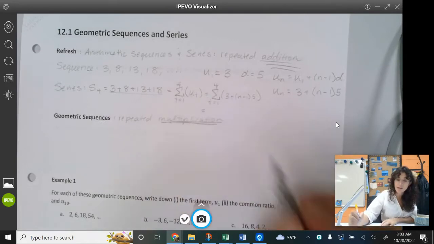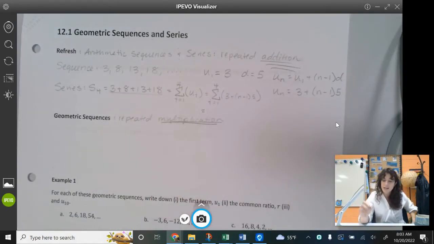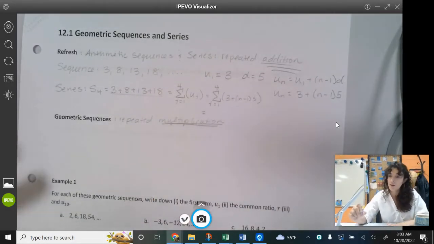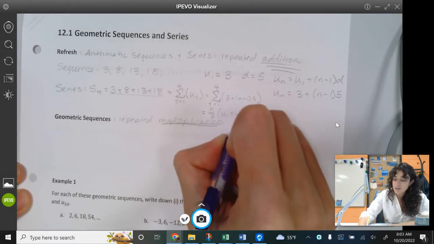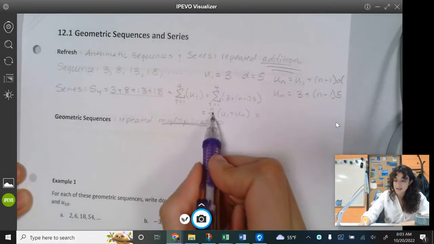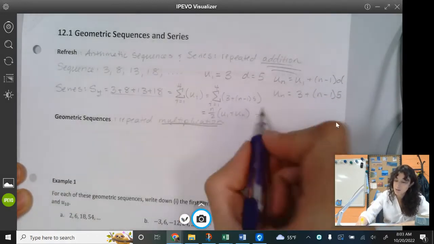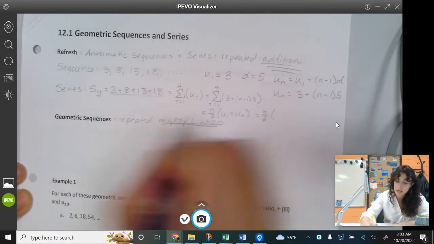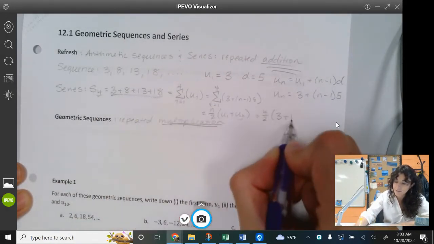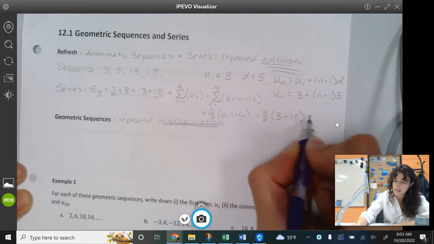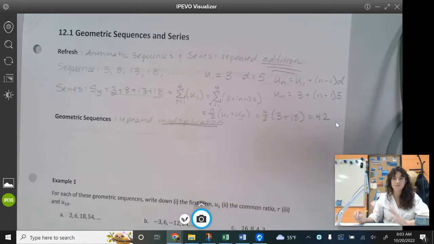And we also have a formula for that, which was in your formula packet: n over 2 times U sub 1 plus U sub n, where n is the number of terms that we're adding. 4 over 2 times the first term plus the last term. 21 times 2 is 42.